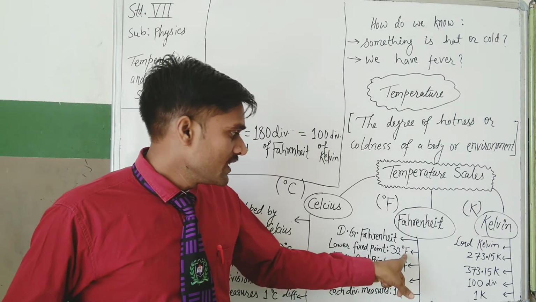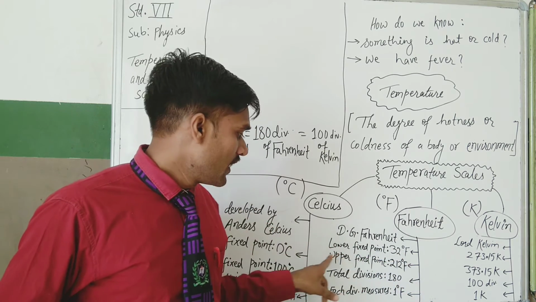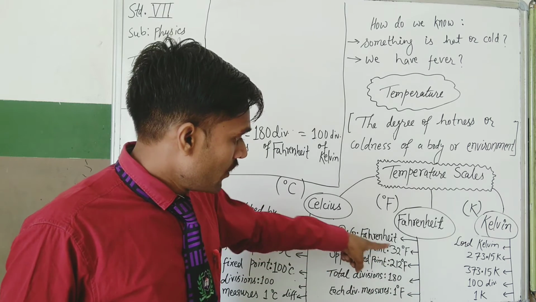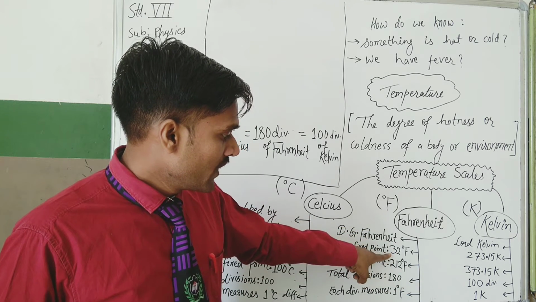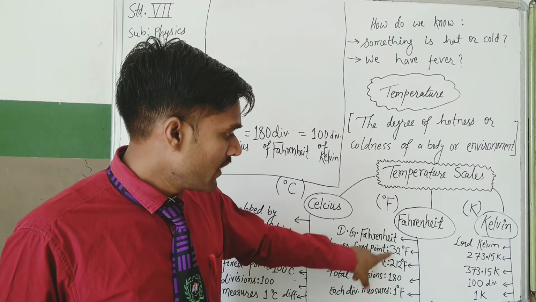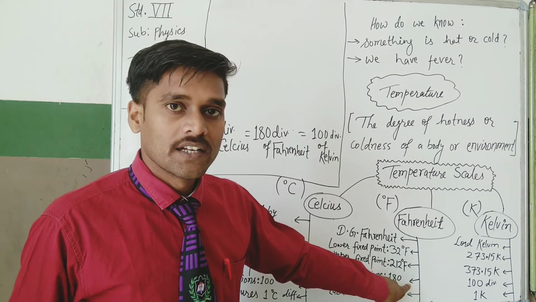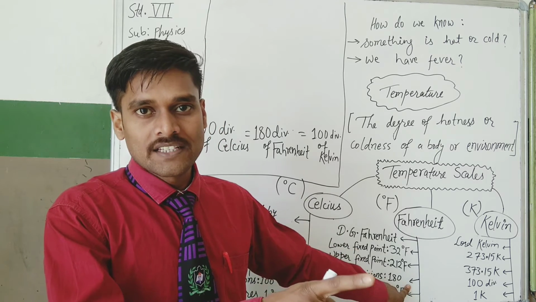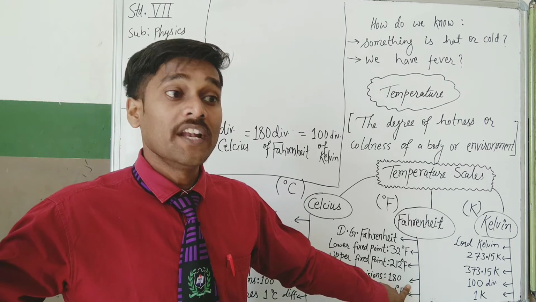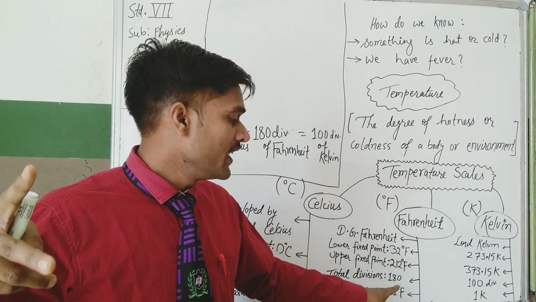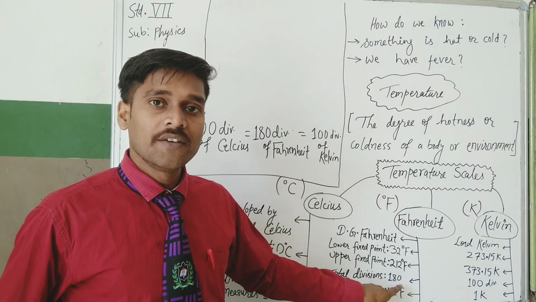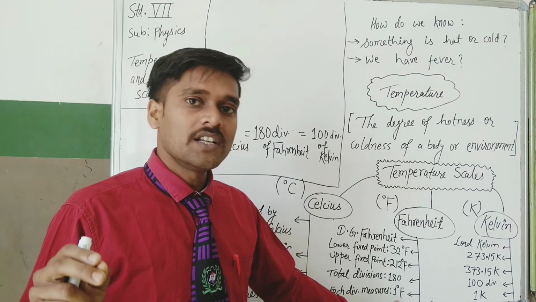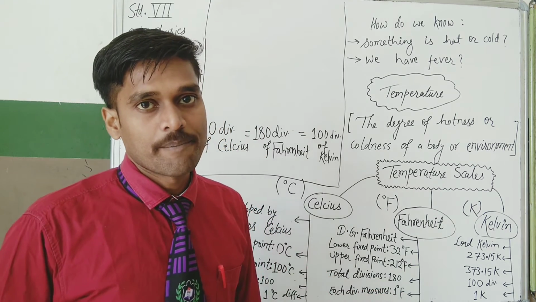The lower fixed point is 32 degree Fahrenheit and the upper fixed point is 212 degree Fahrenheit. Between these two, the difference is 180. So the scale between the melting point of ice and the boiling point of water is divided into 180 divisions, and each division measures a temperature difference of 1 degree Fahrenheit.